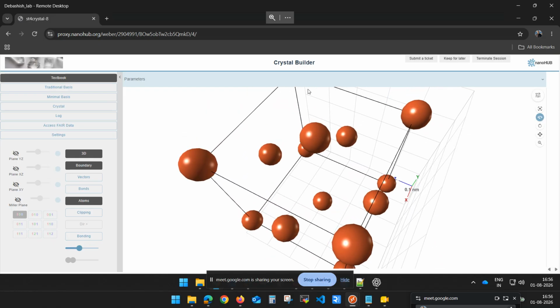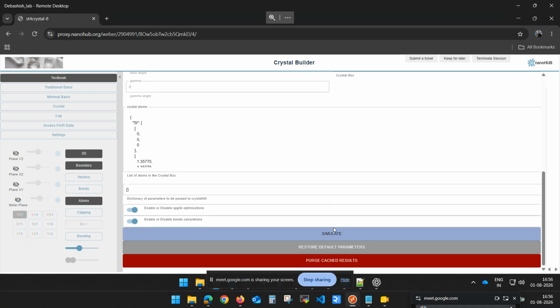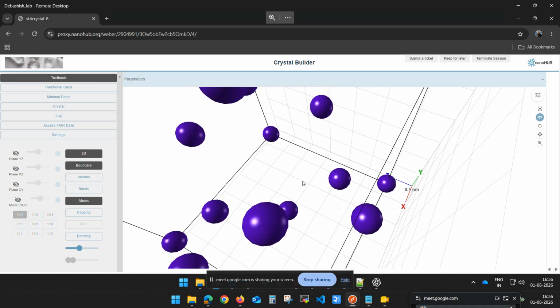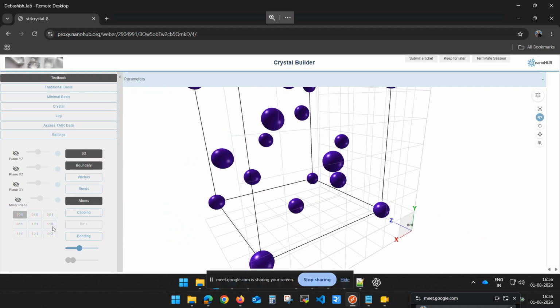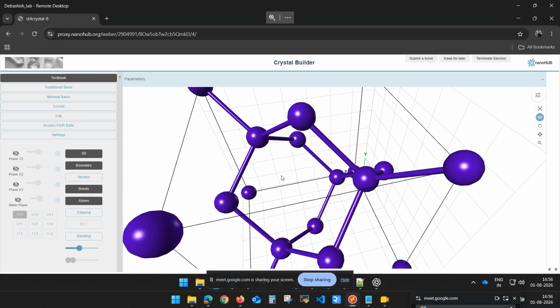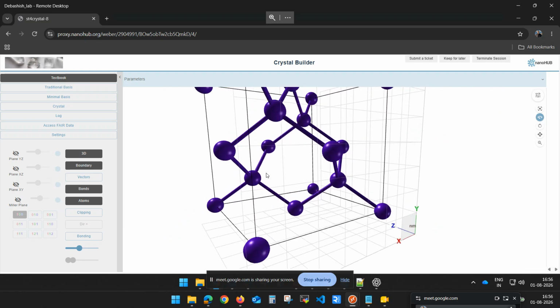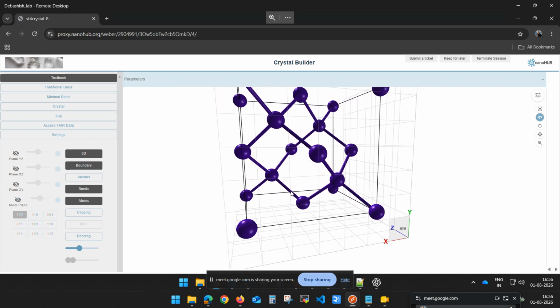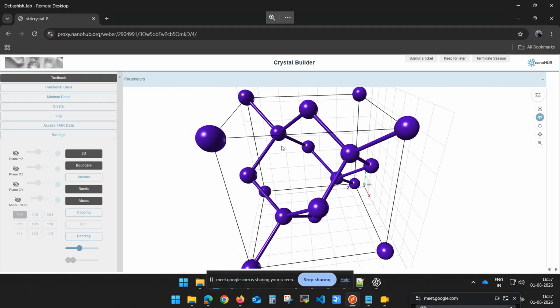Fine. Now for the last one, which is most useful for us, let us look at silicon. So this is how your silicon unit cell looks. From the face of it, let's ignore these inside atoms for the time being. This is called diamond structure.